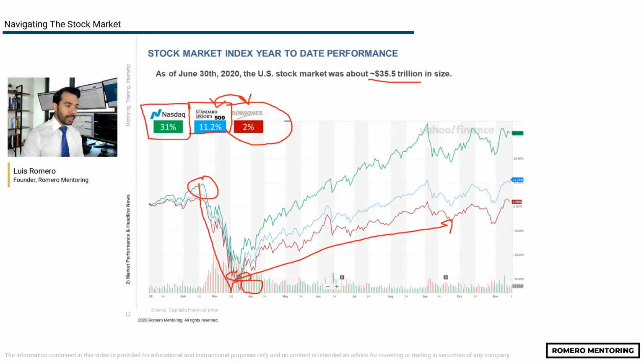And that's what you're seeing right here, and the reason why we started to recover from that point forward. So this is part of the story that you need to understand: where we are right now, where have we come from, and what the next 6 to 12 months may look like, all right?